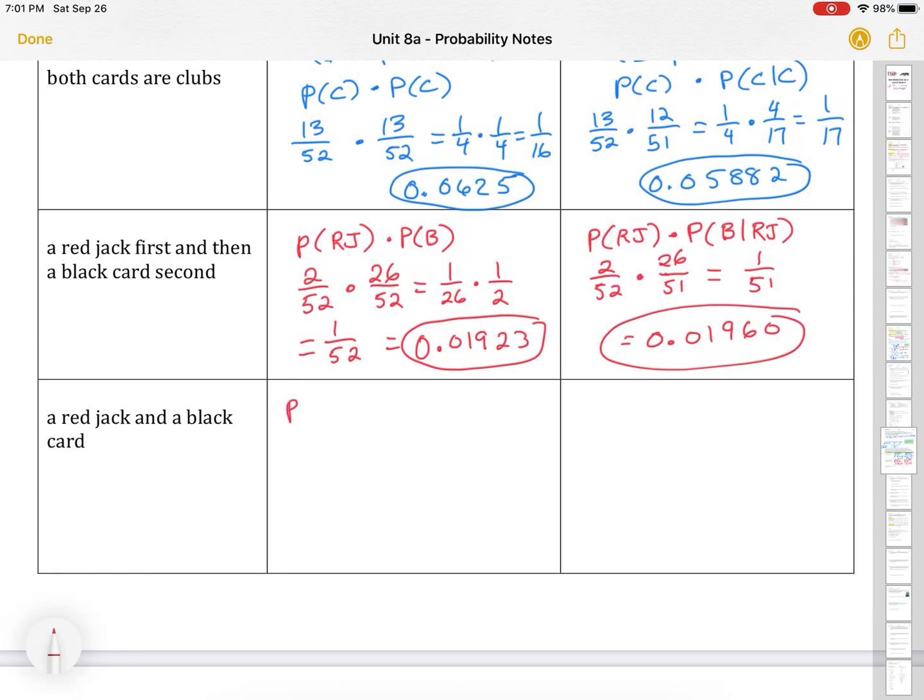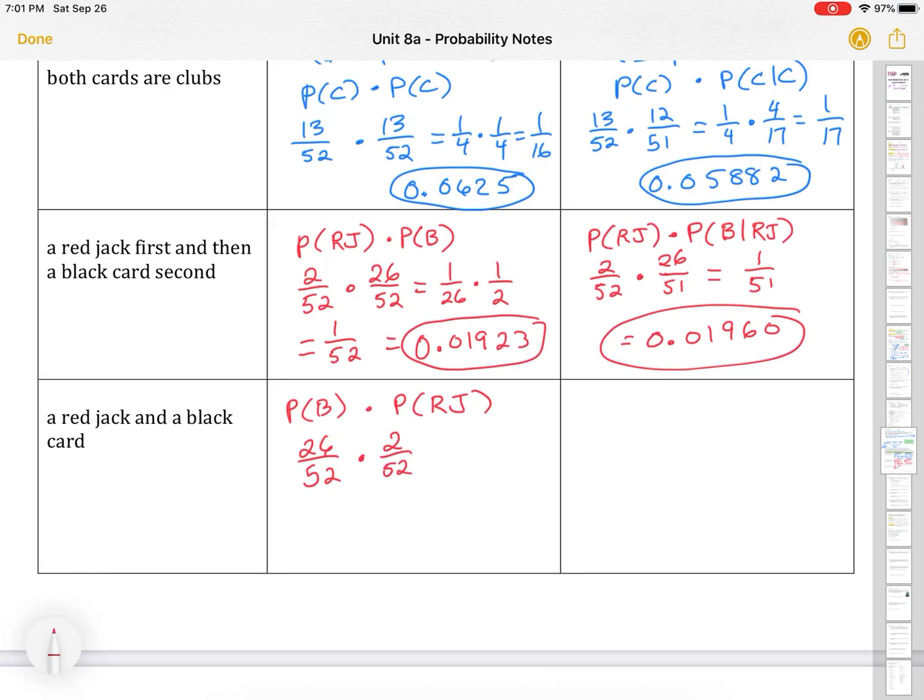We know what happens in the situation we just did, where we pulled the red jack first and then the black card second. So let's switch up that order and see what the impact is. So probability of black times probability of red jack. Is it going to be higher or lower? We don't know. Let's see.